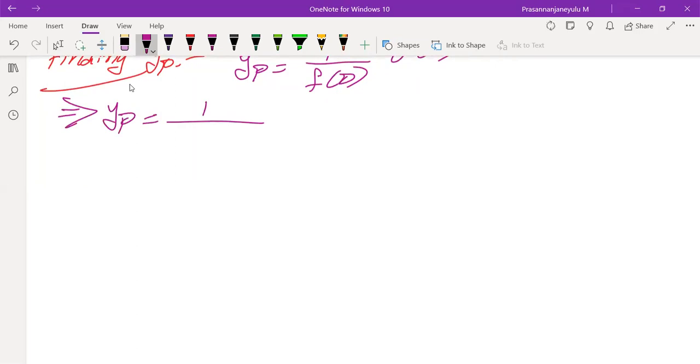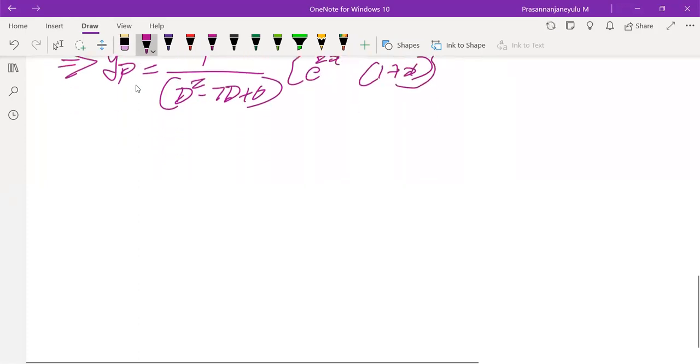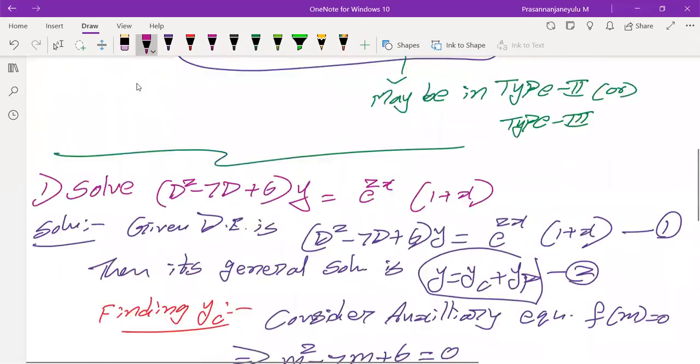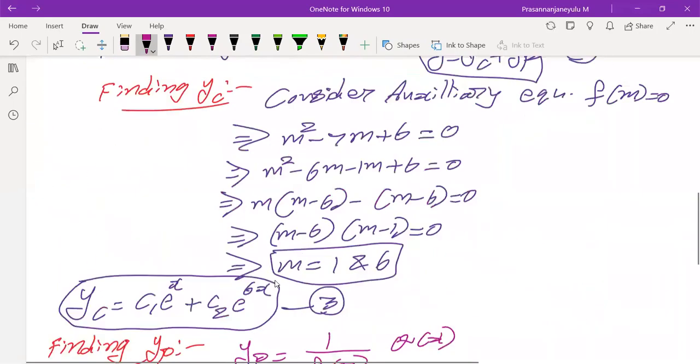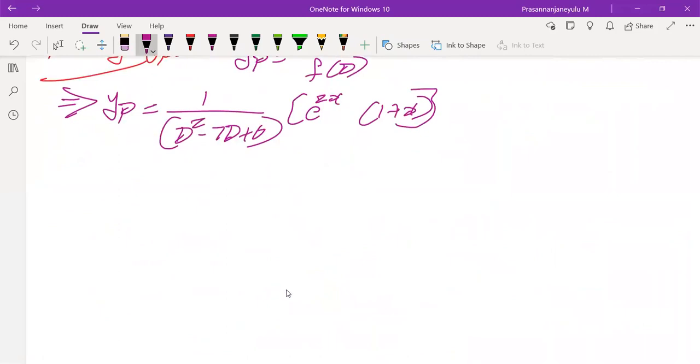1 by d square minus 7d plus 6 of q of x. What is the q of x? E power 2x into 1 plus x. This is the given q of x function. Check it: e power 2x into 1 plus x. Now, according to our procedure, what do we have to do?